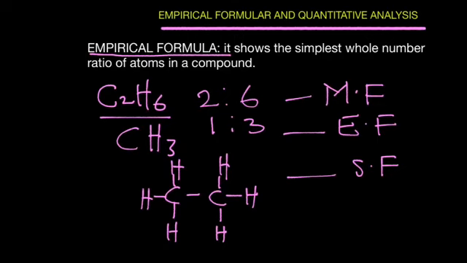Now the structural formula comes in 2 forms. For this one, where we can see all the connectivity of the hydrogens to the carbons, we'll say that this structural formula is an open structure.